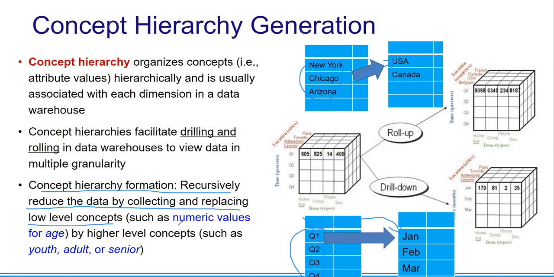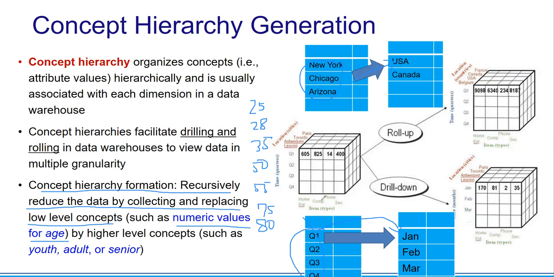Low concept means numerical values like age. Let's say I have ages 25, 28, 35, maybe 50, 55, 75 and 80.